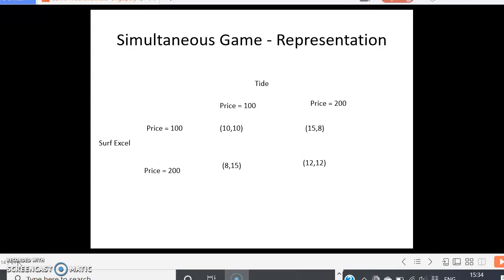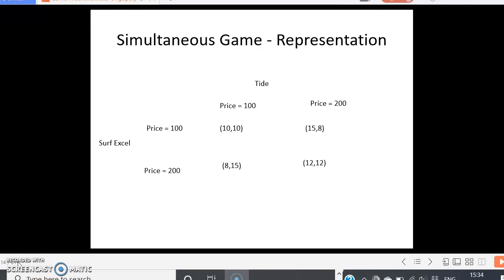So here we have a representation of a simultaneous game, and you can see, let's say, for the time being, assume that Tide has priced its product at 100 and Surf Excel, which is not aware of Tide pricing its product at 100, prices its own product at 100.